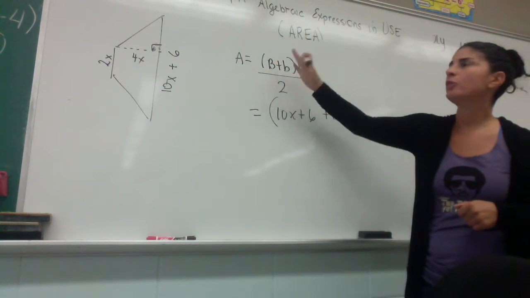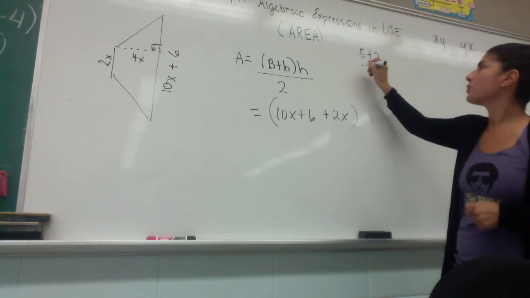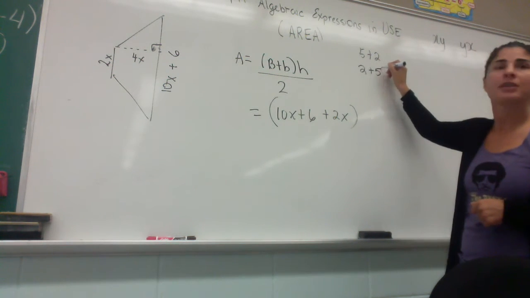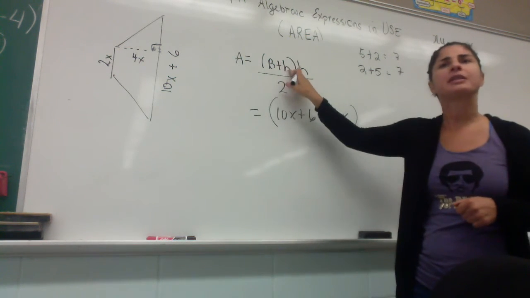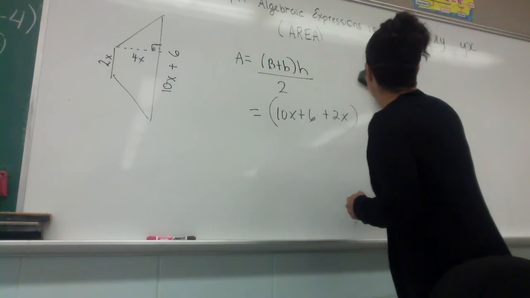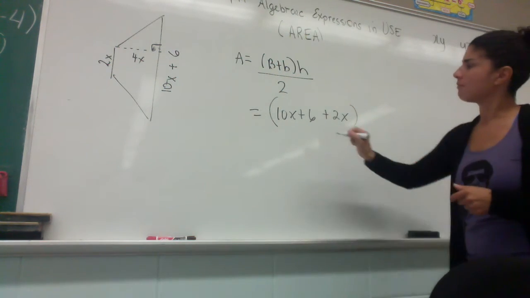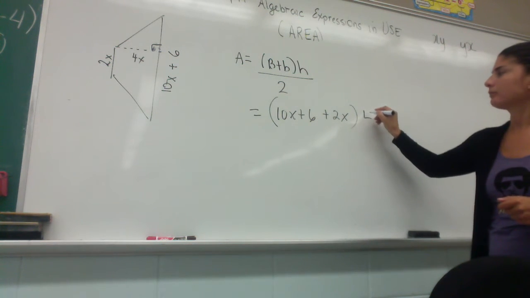No. These two, when you add, 5 plus 2, 2 plus 5, they both give you 7. So it doesn't matter which one you start with, okay? So that's fine. Then you multiply by the height, which happens to be 4x.